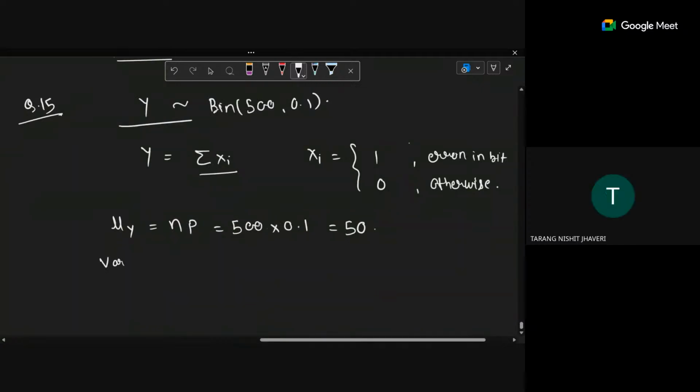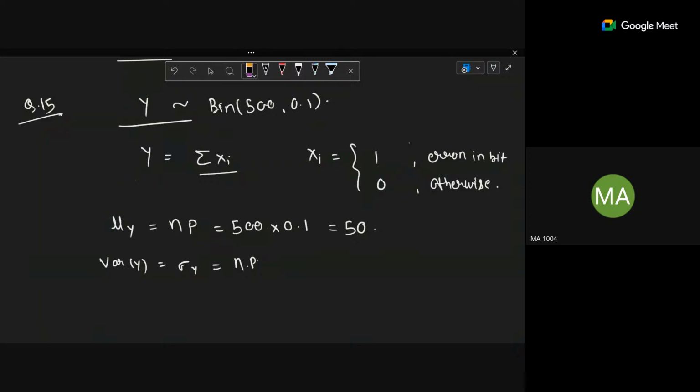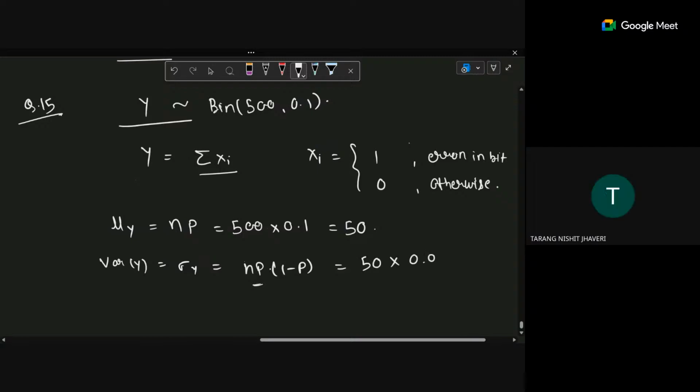The variance is NPQ, that is NP into 1 minus p. So NP we know is 50 and the rest part is 0.9. So 45.